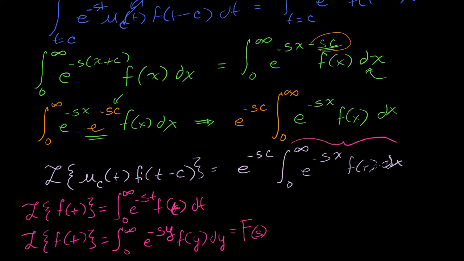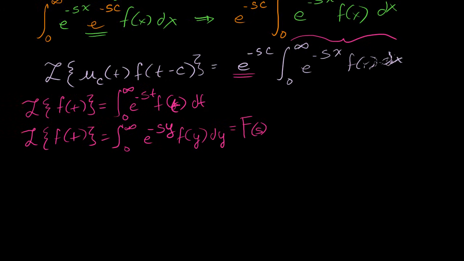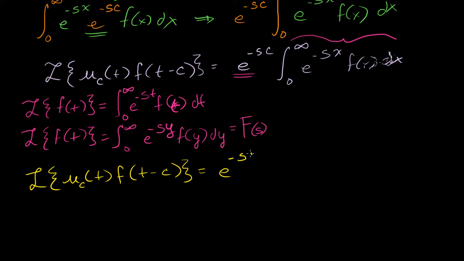So this is interesting. This is a Laplace transform of f of t times some scaling factor. And that's what we set out to show. So we can now show that the Laplace transform of the unit step function times some function of t minus c is equal to this function right here, e to the minus sc, where this c is the same as this c right here, times the Laplace transform of f of t.